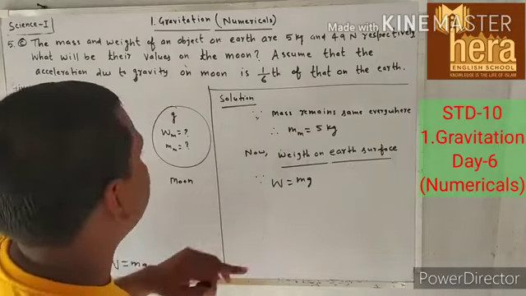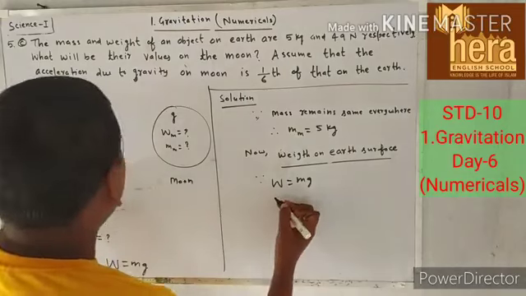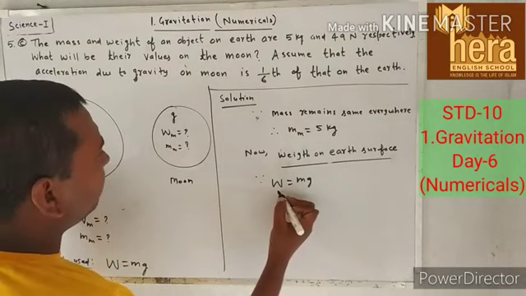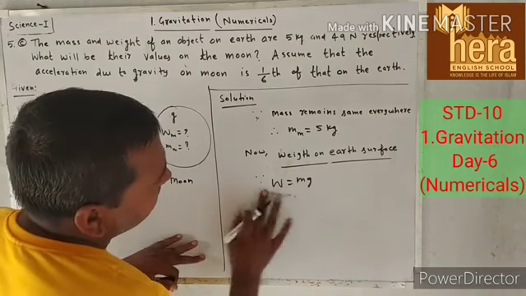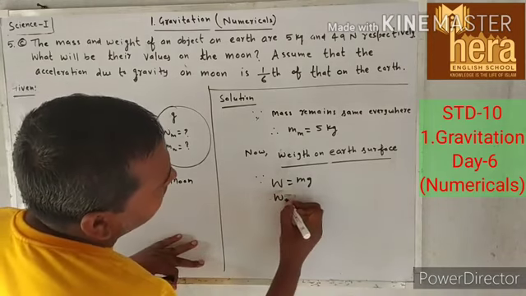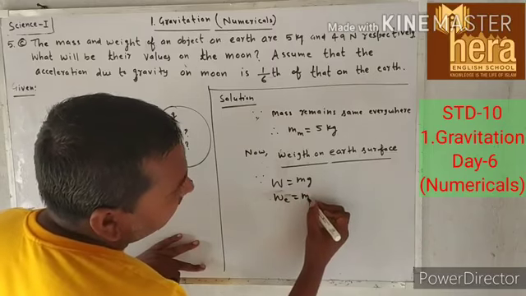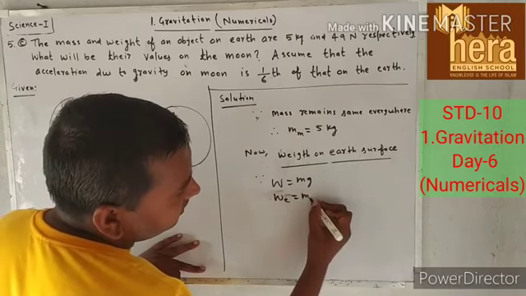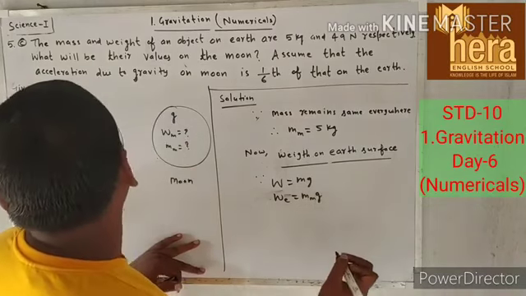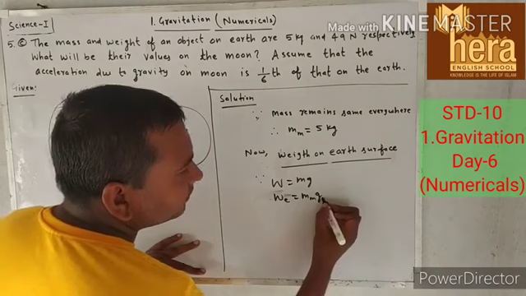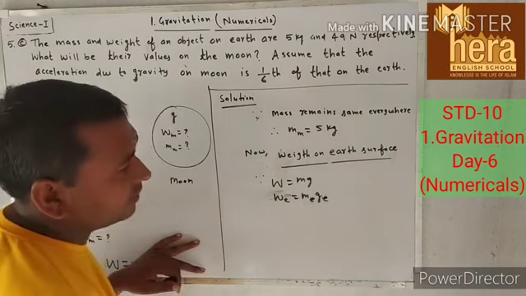We are talking about earth, so W earth is equal to m, mass on the surface of earth, into acceleration due to gravity. Right here E, we are writing about earth.